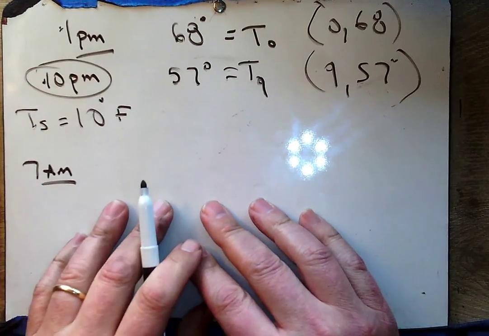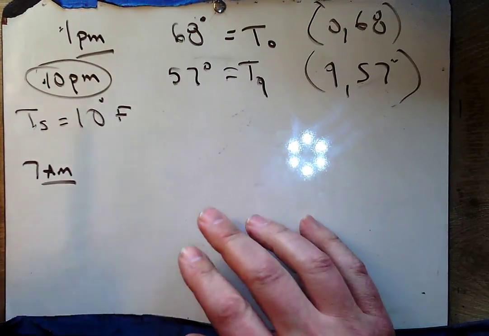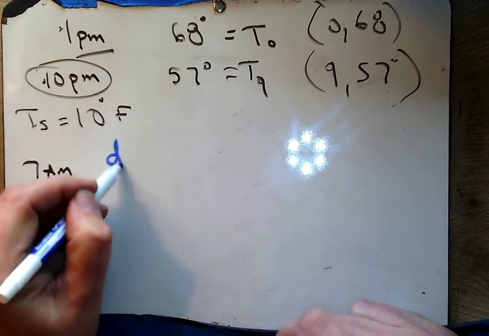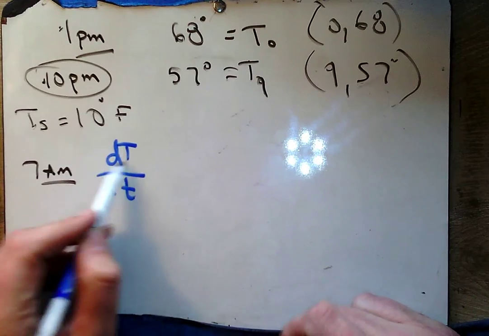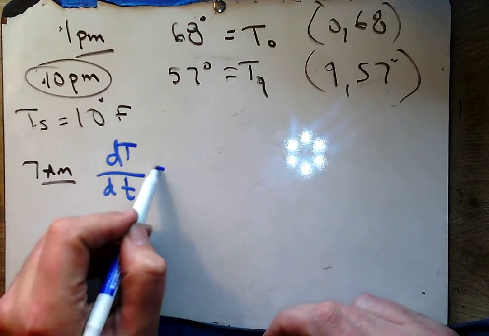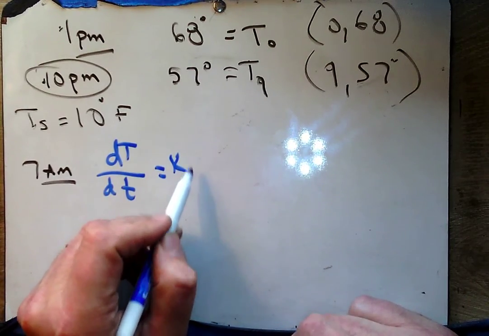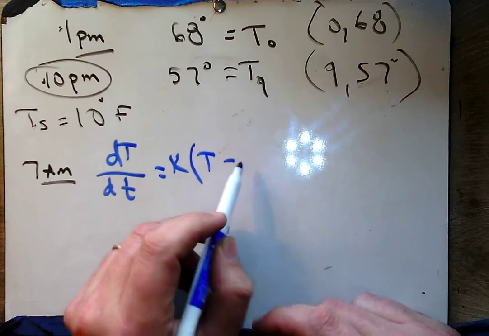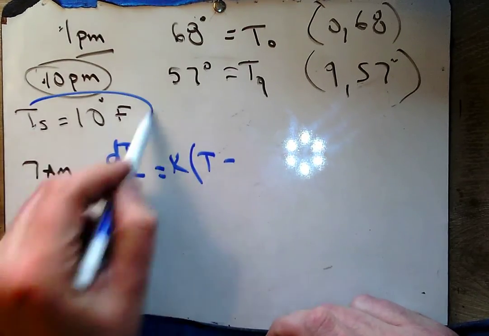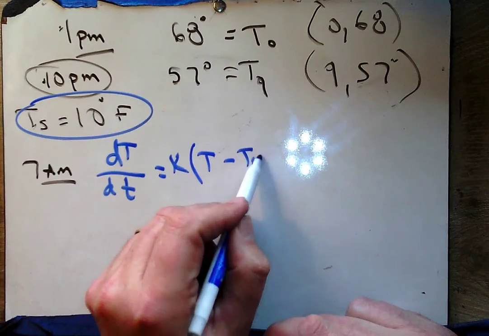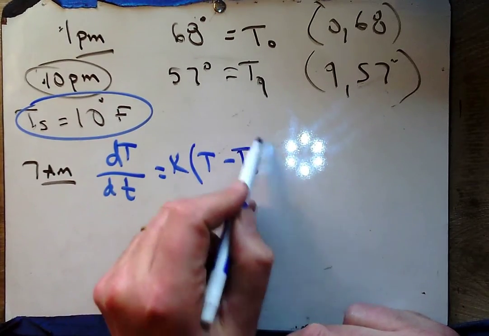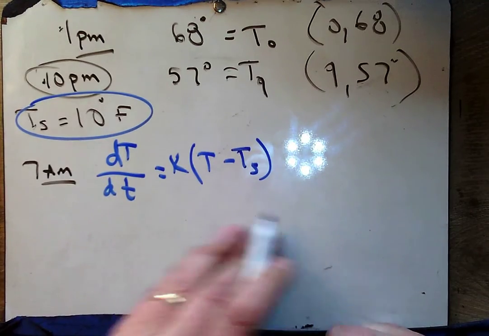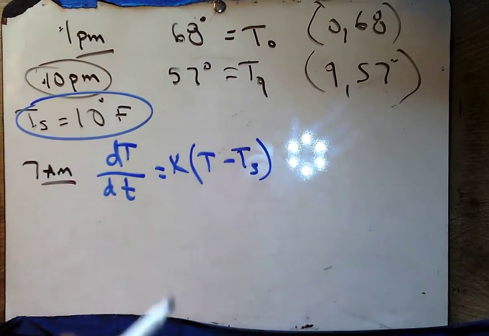If you like, you can derive this for practice. Remember that Newton's law says the rate of change in temperature with respect to time is proportional to T minus the temperature of the surroundings, T sub S. Okay, so we're going to have T sub S here.